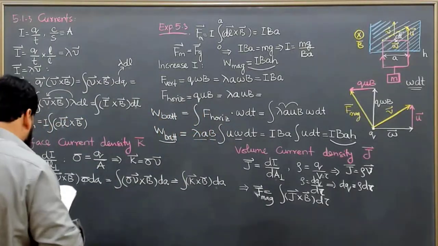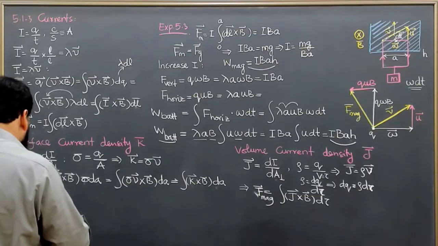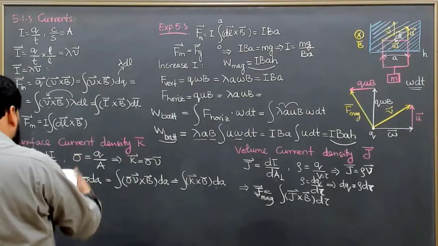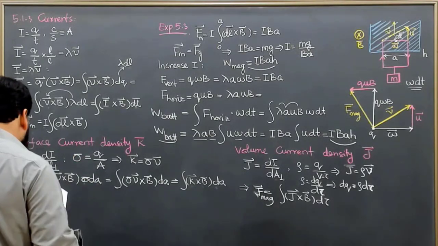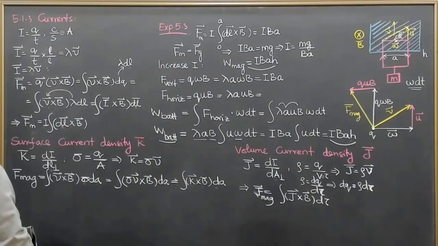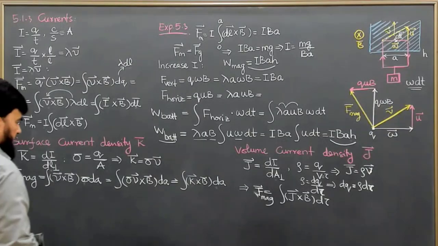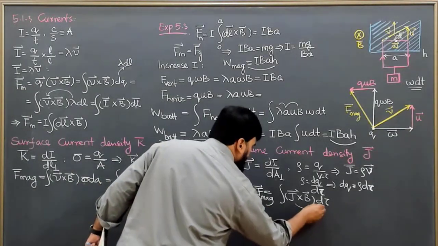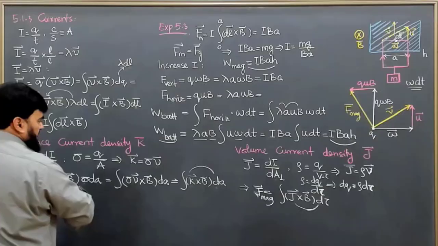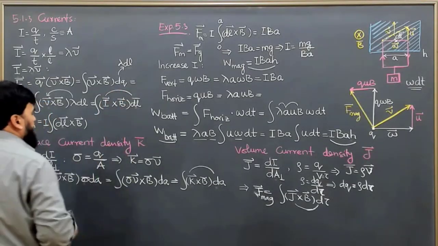So we have some similarities here, and the similarities are that F magnetic is equal to this thing when we were writing it in the form of qv. So we now have J d tau, we have K dA, and we have I dl.